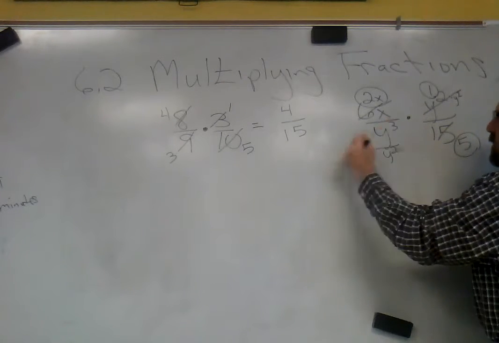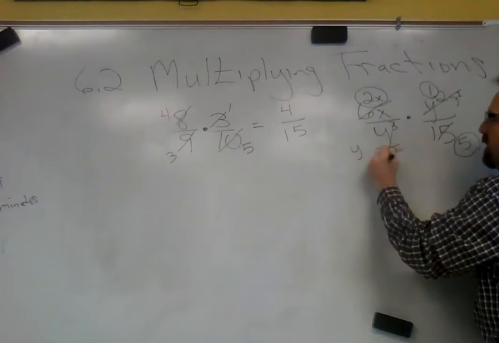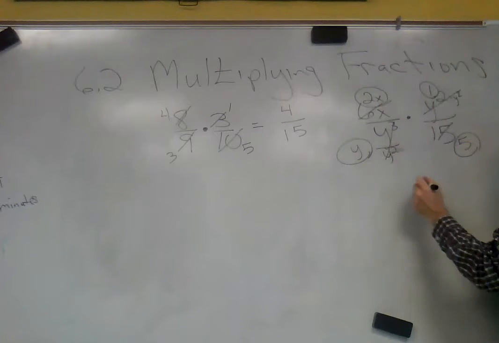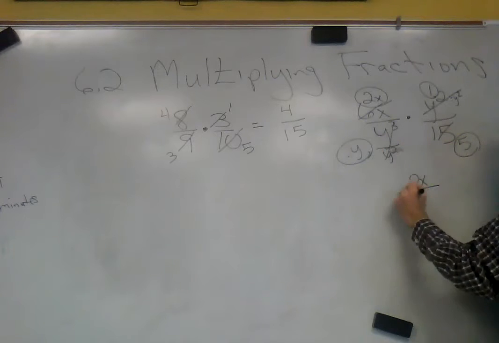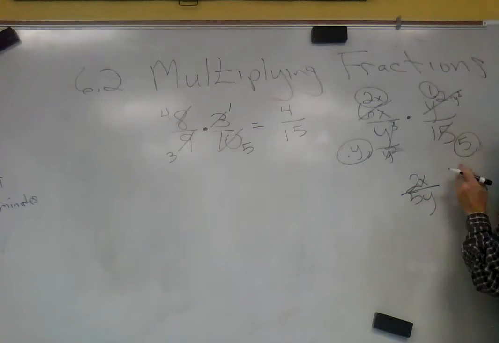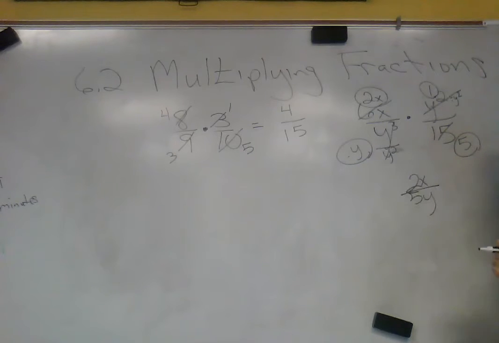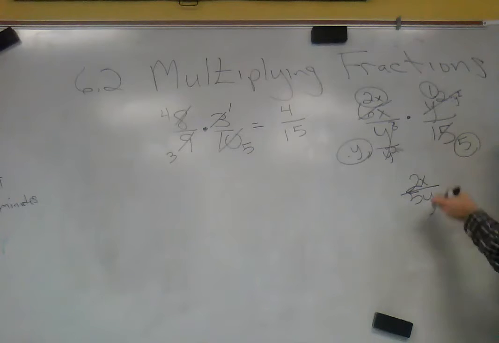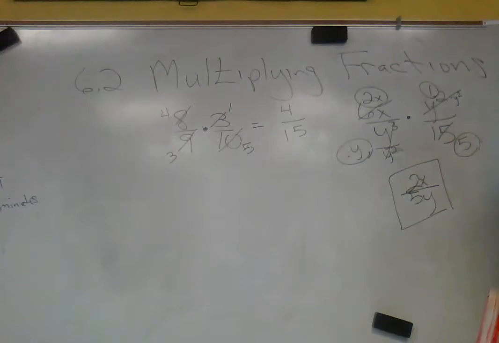So we get 3 minus 2 is just y to the first, or just y. So now on the top, we have 2x times 1, which is 2x. 5 times y, which is 5y. Once you get to this point, look at your answer and decide, can I simplify anymore? Nothing will go into both 2 and 5. Nothing will go into x and y. So that is our simplified answer.